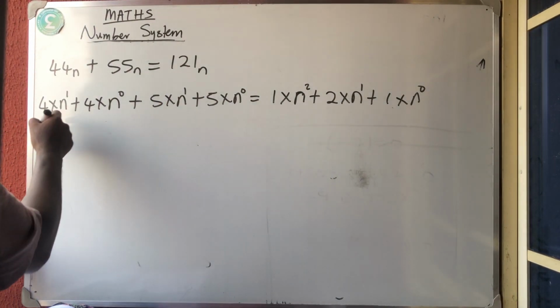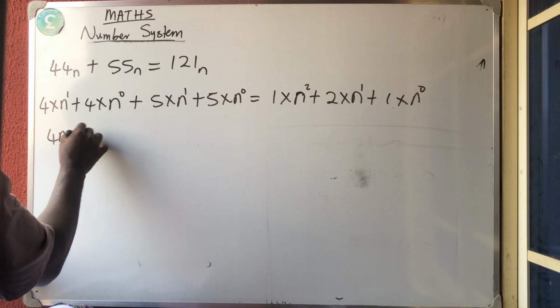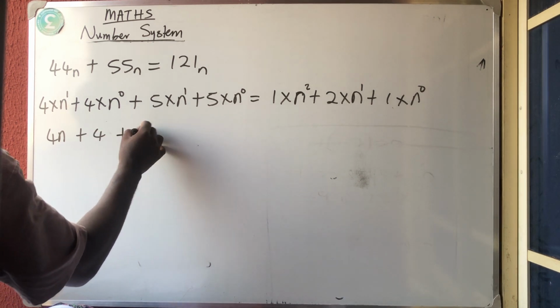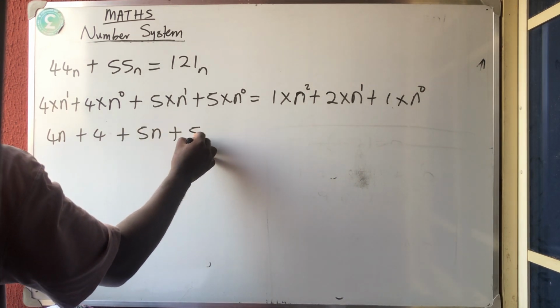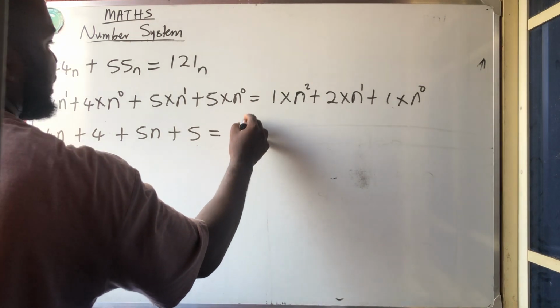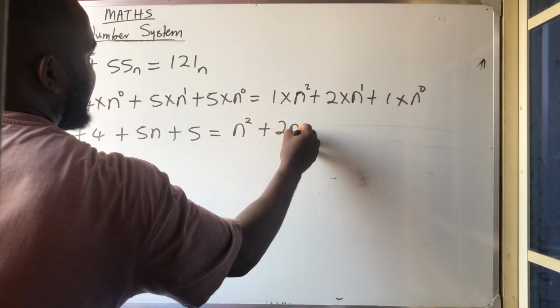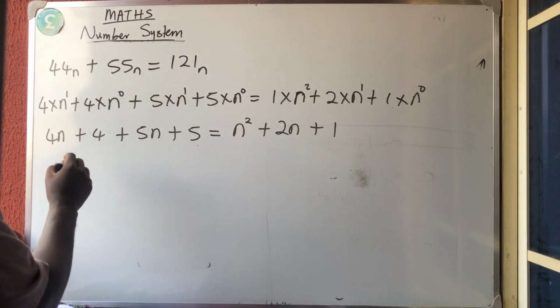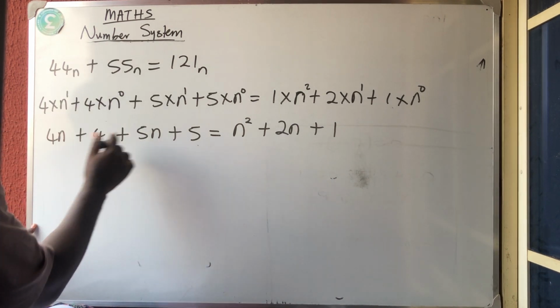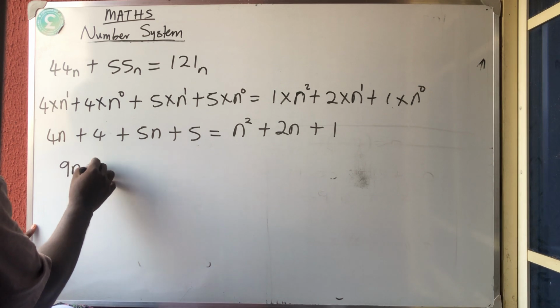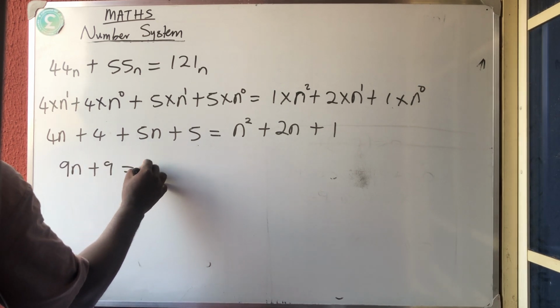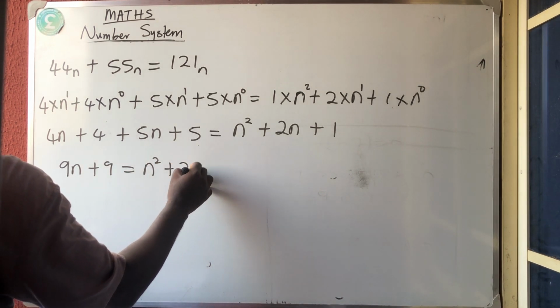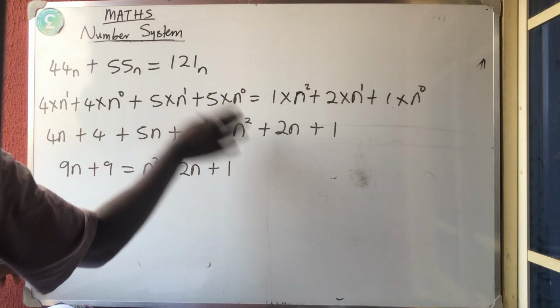So here I'm having 4 times this, 4n plus 4 plus 5n plus 5 is equal to n squared plus 2n plus 1. So let me take everybody to the other side. This and this will give me 9n plus 9 is equal to n squared plus 2n plus 1.